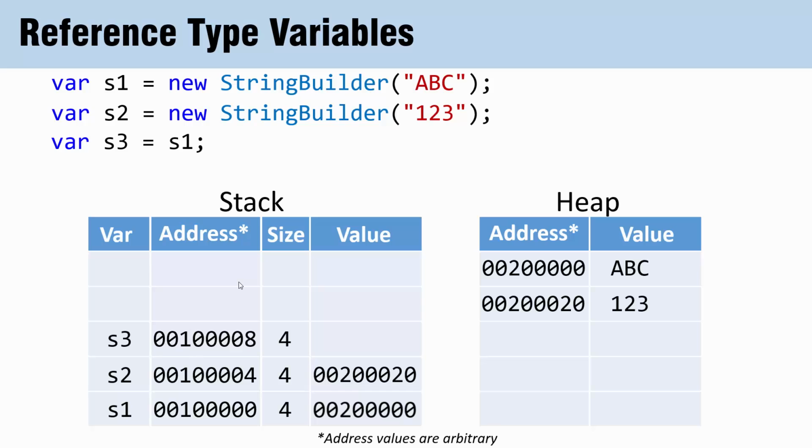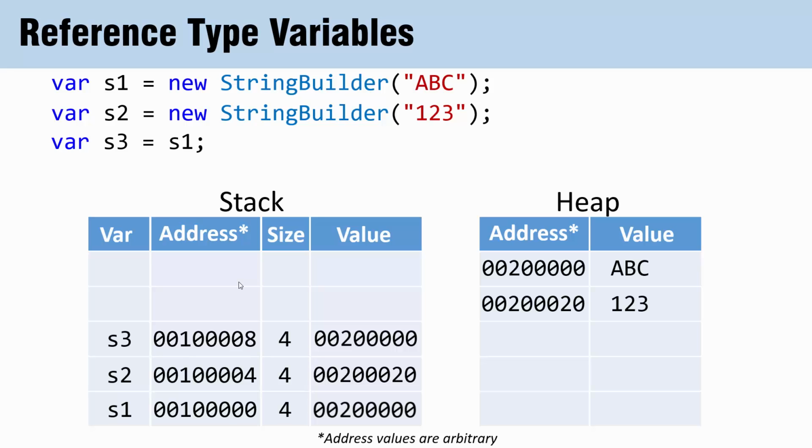We again create another variable in the stack called S3 this time, but the value is copied from the value of S1. Again, it looks just the same as we did in the value type example. So the value is copied directly from the other stack entry. Nothing was copied from the heap in this example.